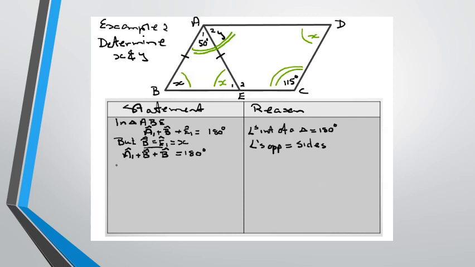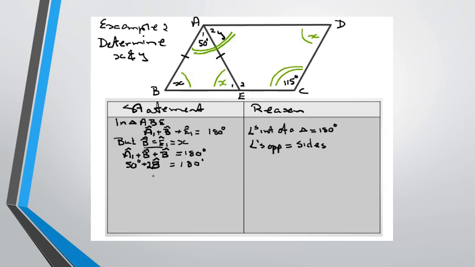Now the value of angle A1 given at the sketch is 50 degrees. And now I'm having two angle B's. Two angle B's equals 180 degrees.